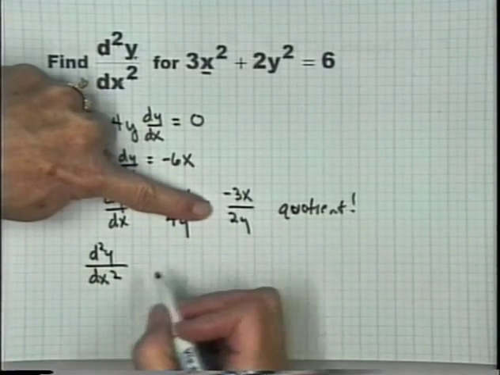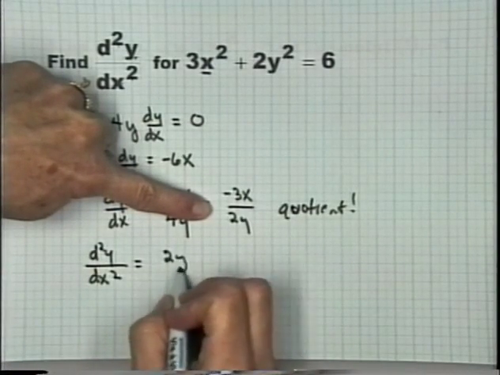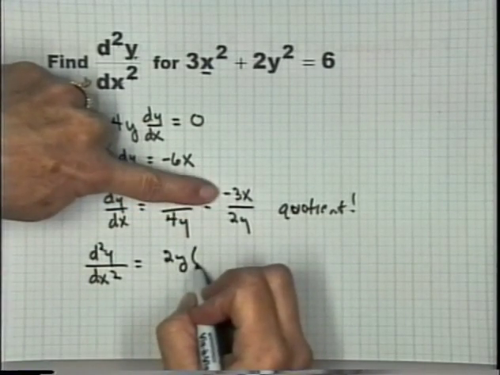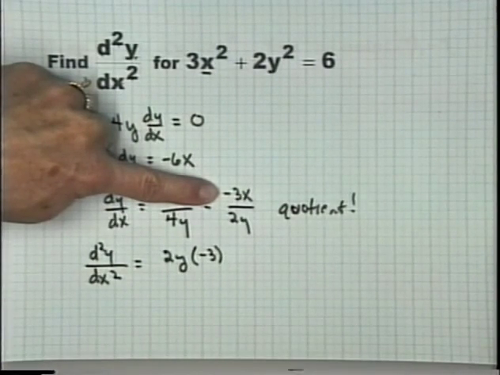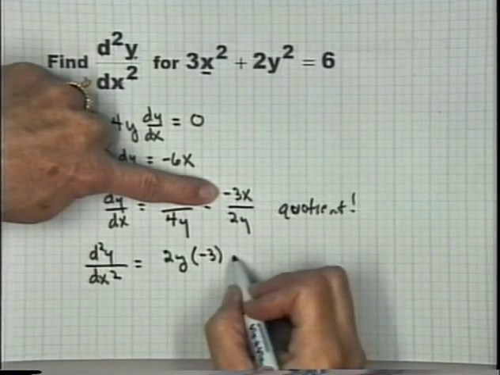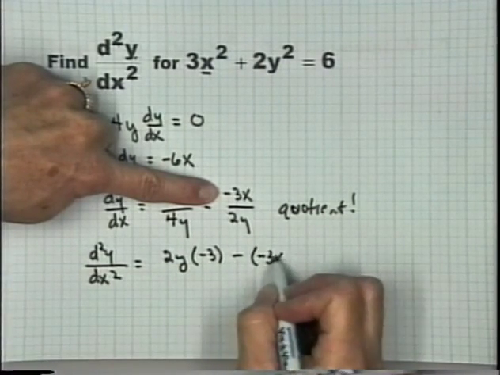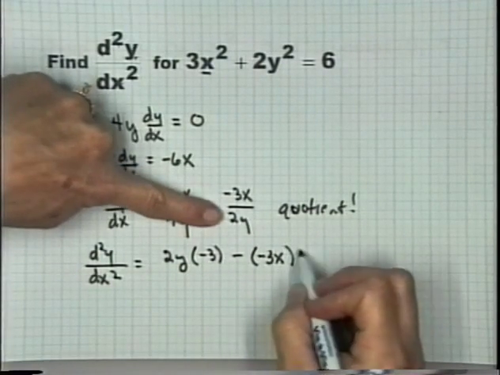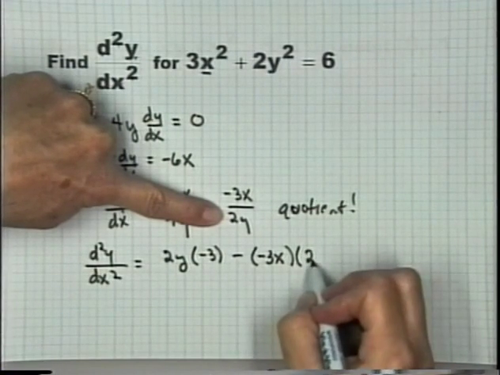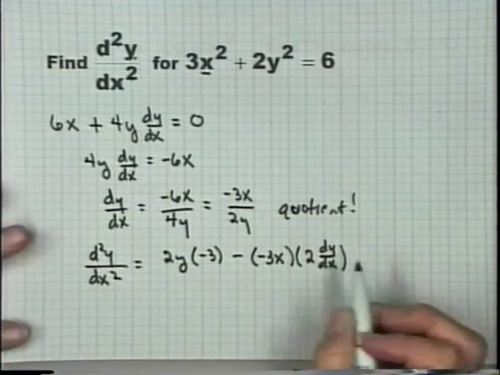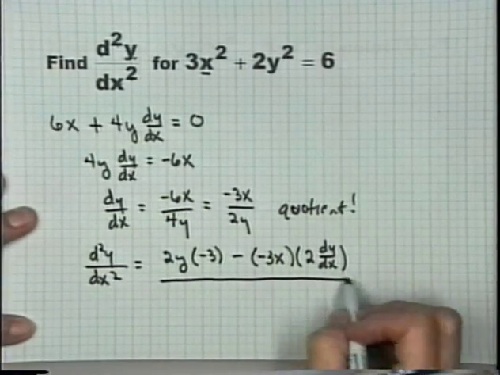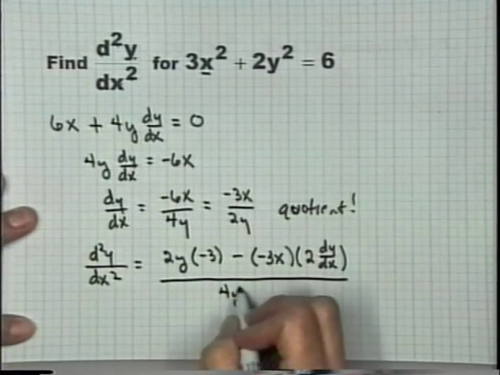Okay, denominator is 2y times the derivative of the numerator, negative 3 times 1, because we're doing the derivative with respect to x again, minus the numerator, negative 3x, times the derivative of the denominator. Well, that's 2. The derivative of y is dy dx. This is all over the denominator squared, 4y squared.